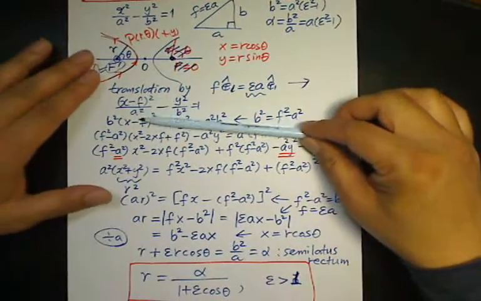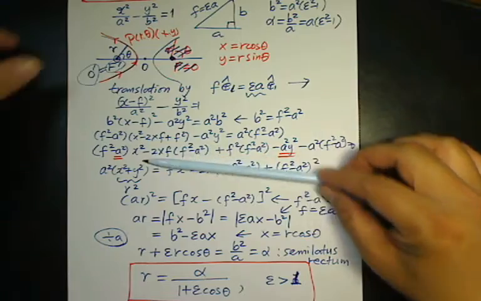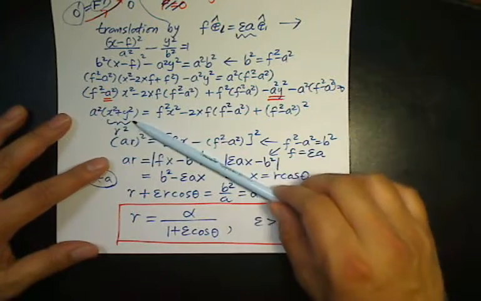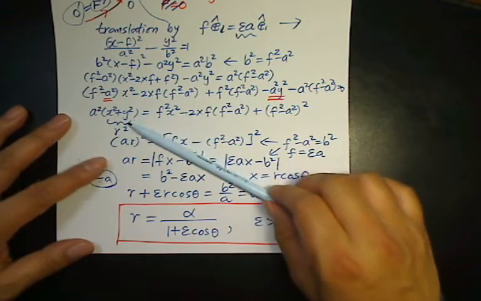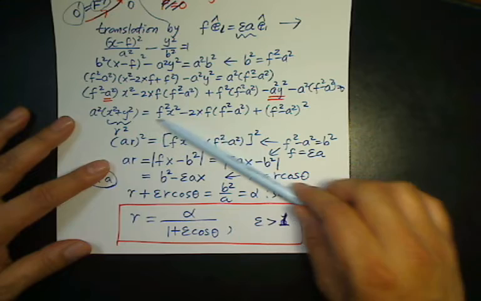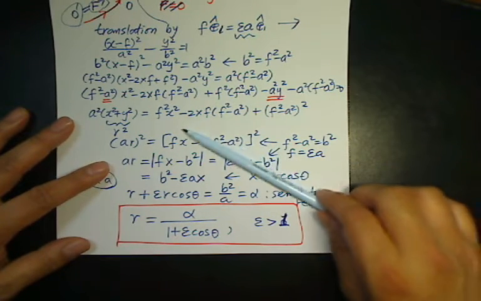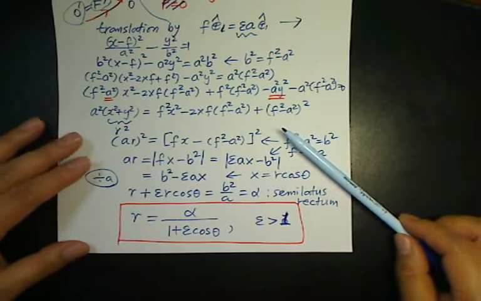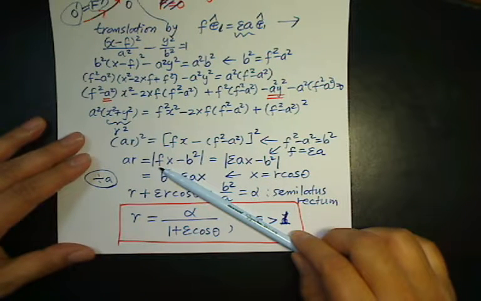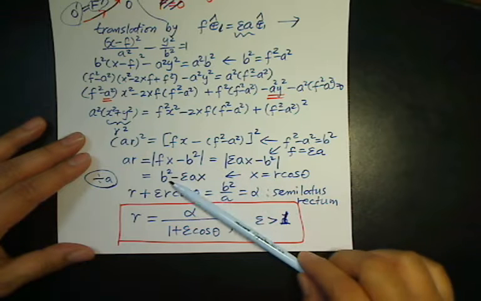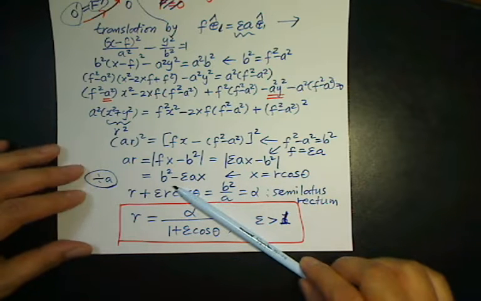After the calculation, if you follow all these steps, you find a squared times x squared plus y squared, that is the radius squared, and the right side is factorized in this kind of form. We substitute f to be epsilon a, and we find this kind of expression.